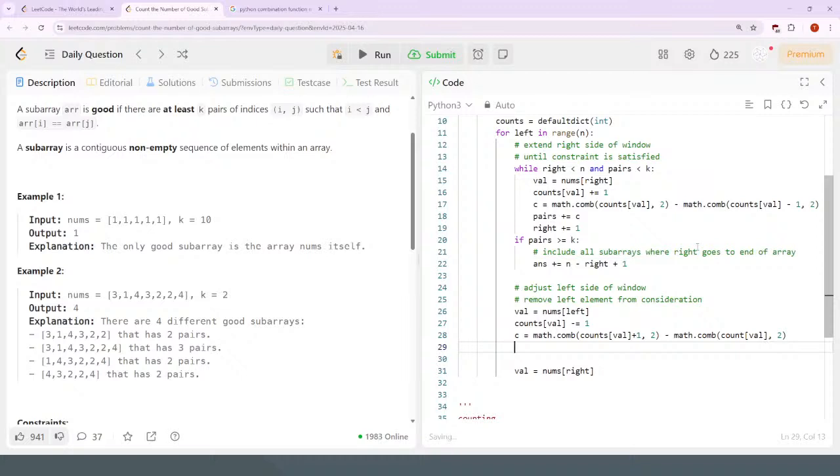So that's the difference, that's the drop off. So then pairs minus equals that value. And I think that's correct.